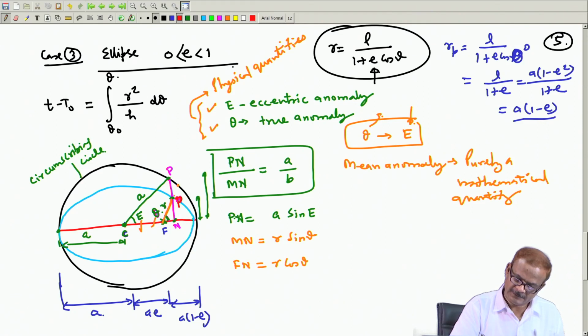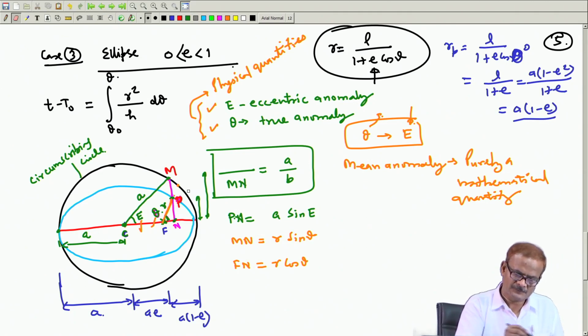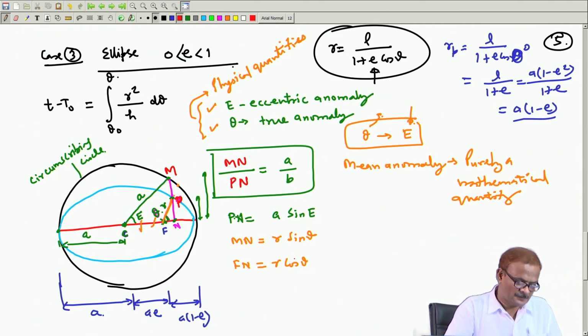We will write this as P, and I will write here M. So this is M, this is P and N. The ratio is the same, only the notation I am changing here, nothing else. So, Mn by Pn is equal to a by b. It is the same thing, only the symbols I have changed.